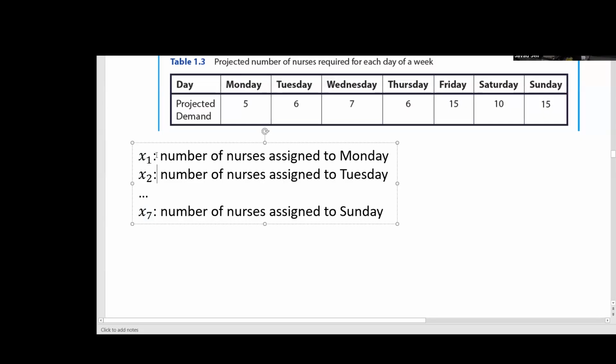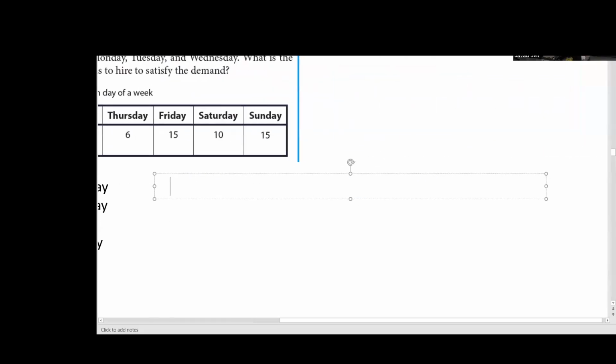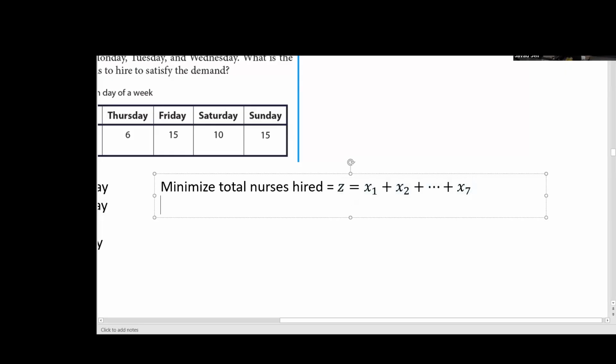So it will be minimize v equals x1 plus x2 plus and so on. All right. So if I ask the computer to solve this, obviously it says just hire minus infinity.